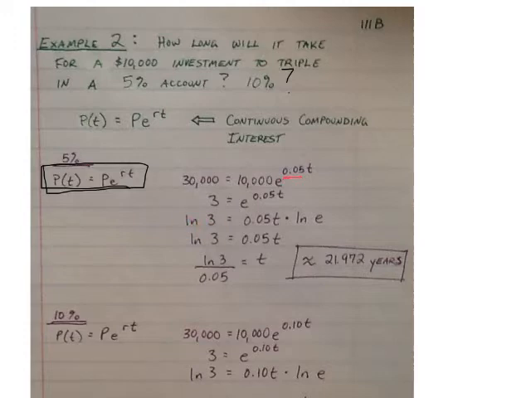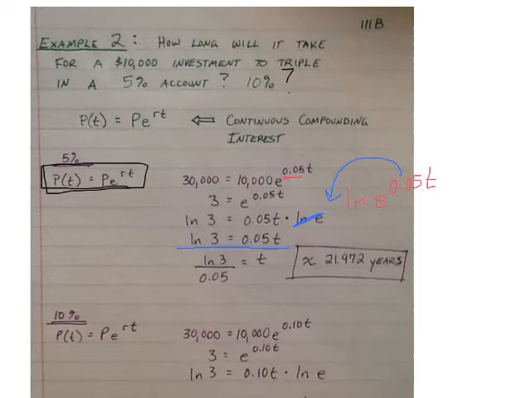So the first thing I did was I divided both sides by 10,000, and that gives me 3 equals e to the 0.05t. Then to get rid of the e, I took the natural log of both sides, natural log of 3, and if I take the natural log of the right-hand side, I can use my logarithm properties to take my exponent and move it down in front. And then I recall that the natural log of e is 1, so that cancels out, and I arrive at natural log of 3 equals 0.05t.